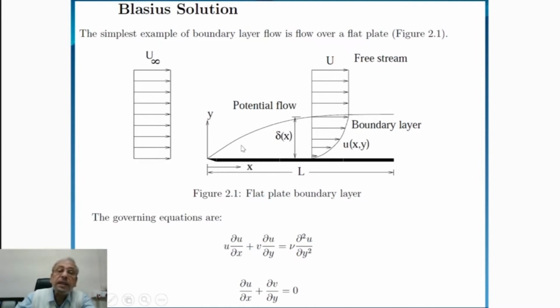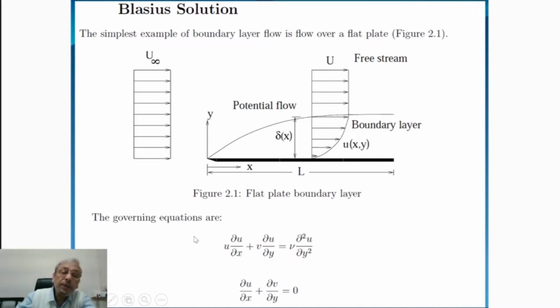As we can see, outside the boundary layer it is potential flow, and through the boundary layer the velocity approaches from 0 finally to the free stream velocity. In the potential flow region, there is no velocity gradient. Velocity gradient is present only within the boundary layer.